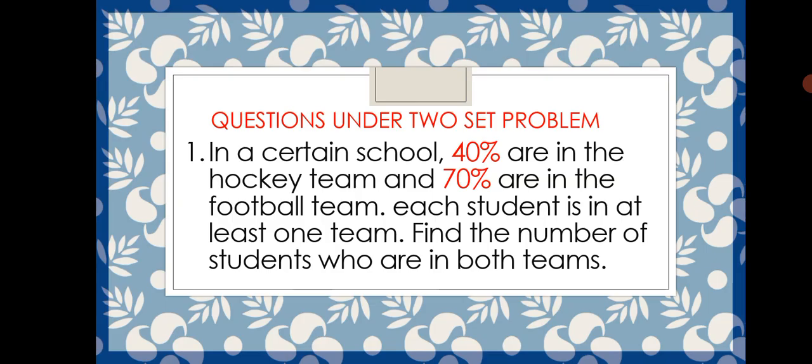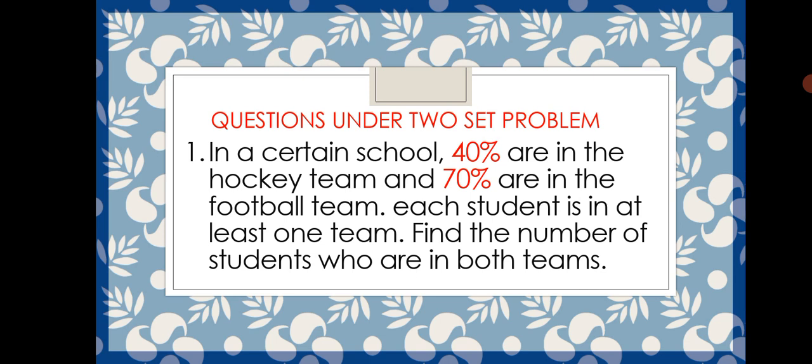Let's proceed. Since we've got to know the tutorials of the set, let's have a practical idea about it. How is it solved? Question number 1, set problem. In a certain school, 40% are in the hockey team and 70% are in the football team.